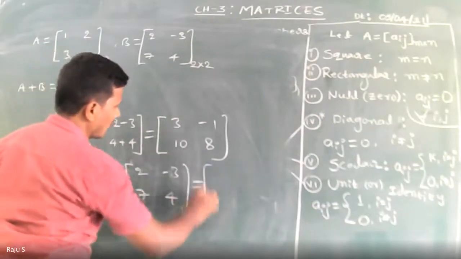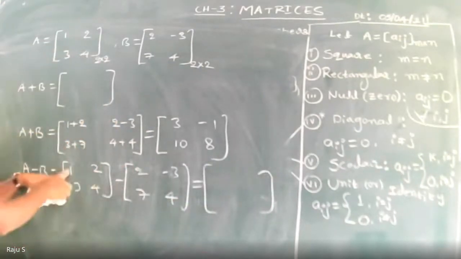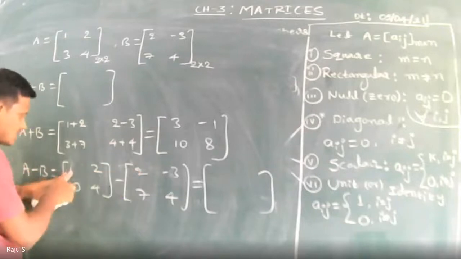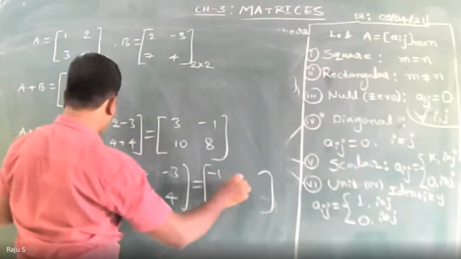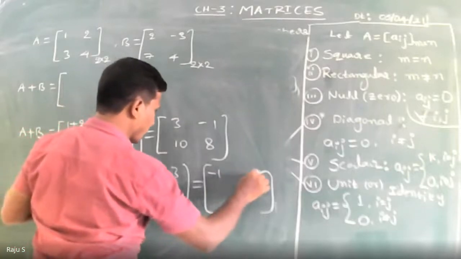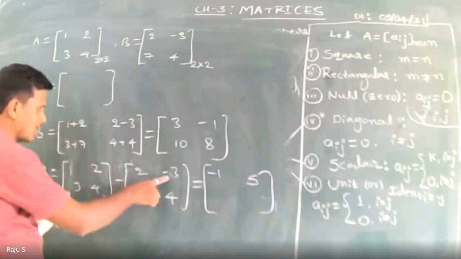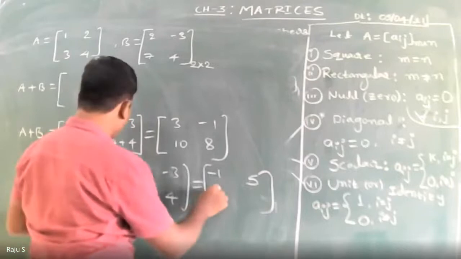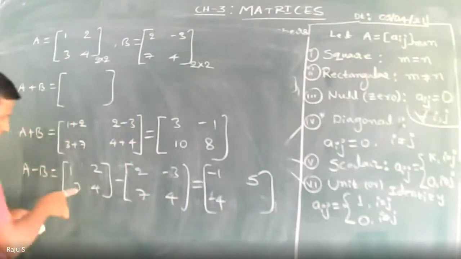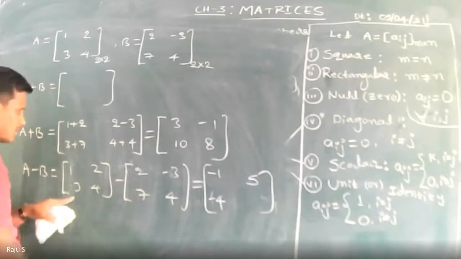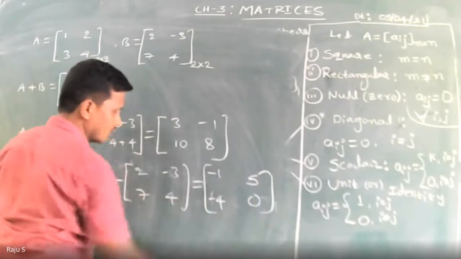This is equal to what? Just subtract the corresponding elements. 1 minus 2 is minus 1, and 2 minus minus 3, minus and minus make plus, is 5. Then 3 minus 7 is minus 4, and 4 minus 4 is 0.